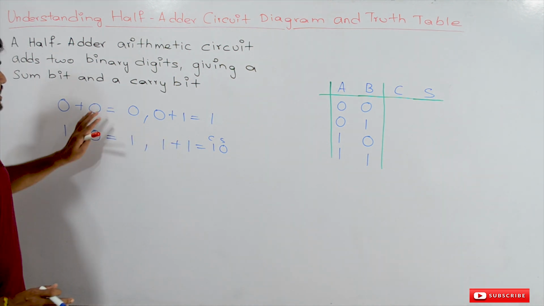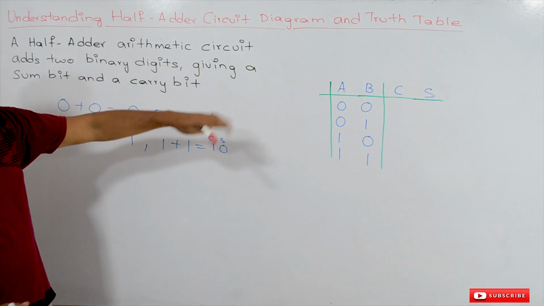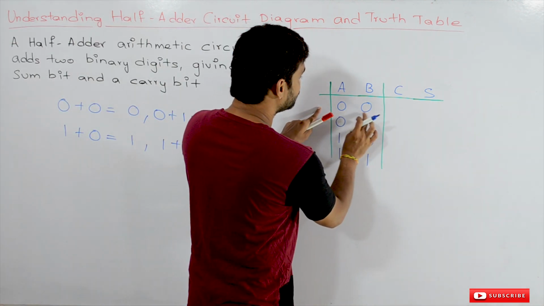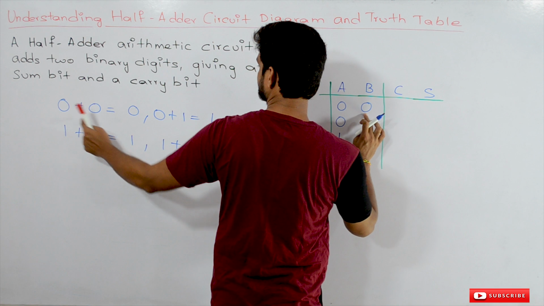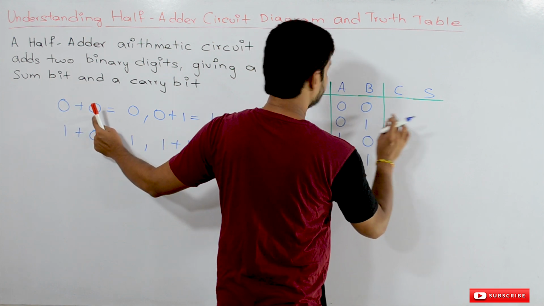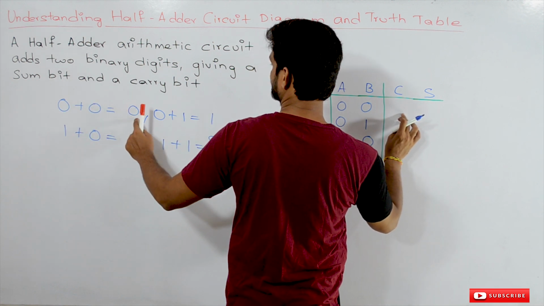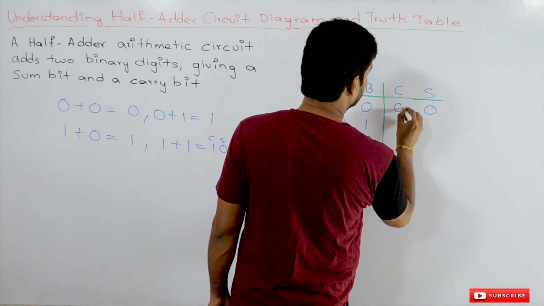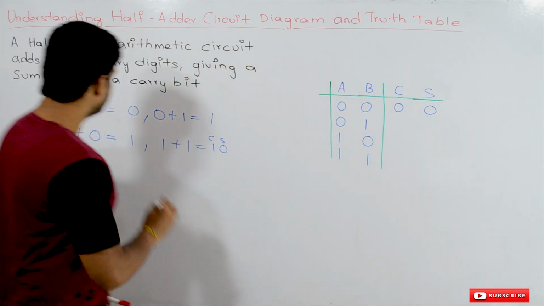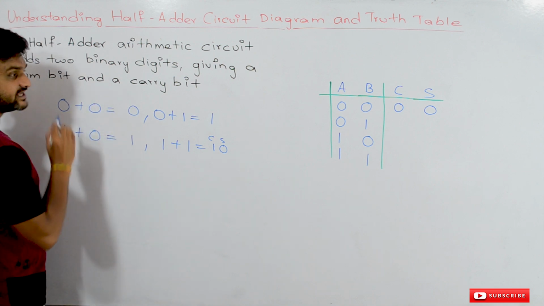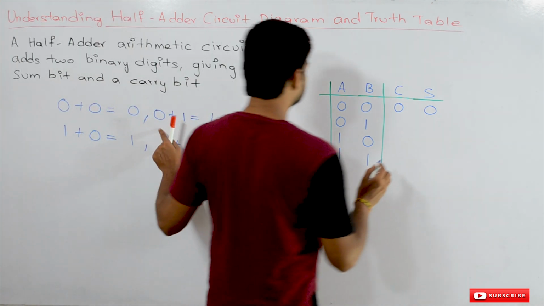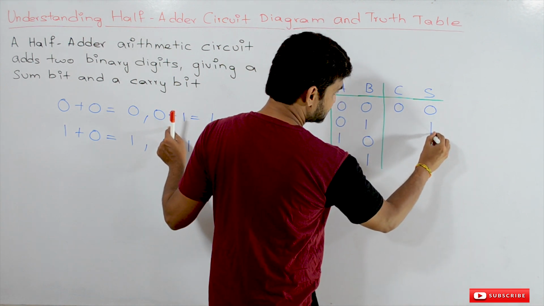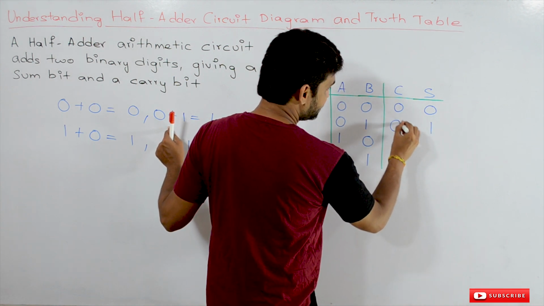Now, we will try to see the truth table of this. Whenever we do the sum of 0 plus 0, it is going to produce a sum of 0 and a carry of 0. Nothing has been produced, so the carry is 0. If you take 0 plus 1, it produces a sum of 1 and a carry of 0.